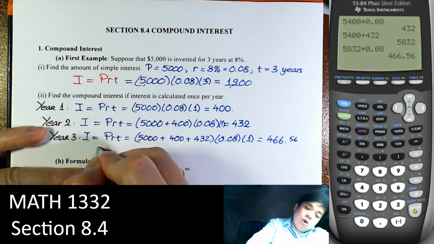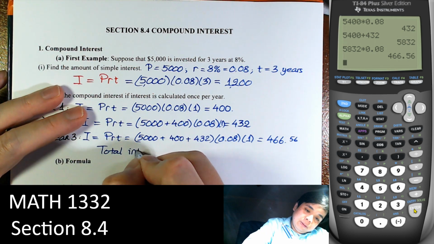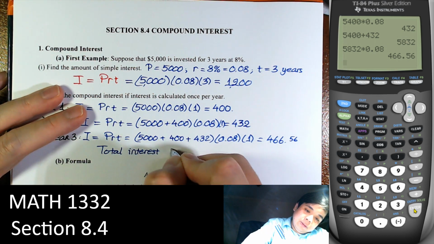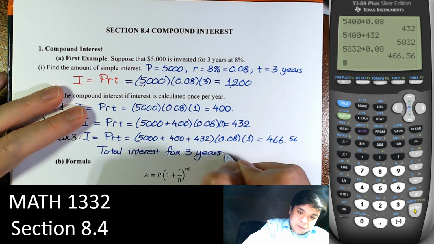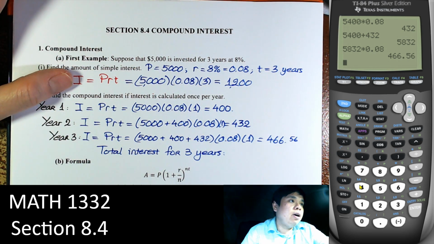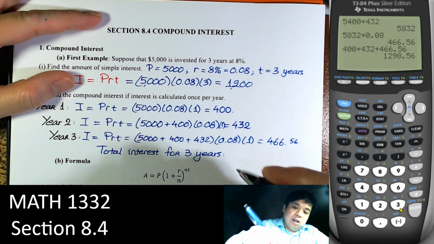So the total interest for 3 years is 400 plus 432 plus 466.56.